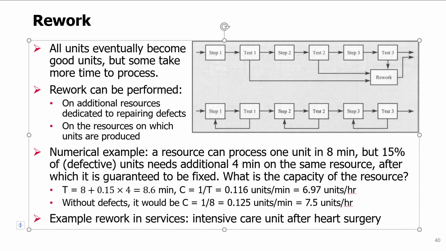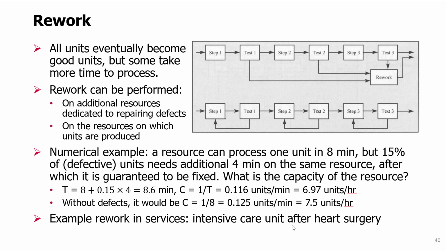When a patient has heart surgery, the patient goes to some intensive care unit, and in that unit it might happen that the patient gets into a serious condition again and might be taken back for surgery.